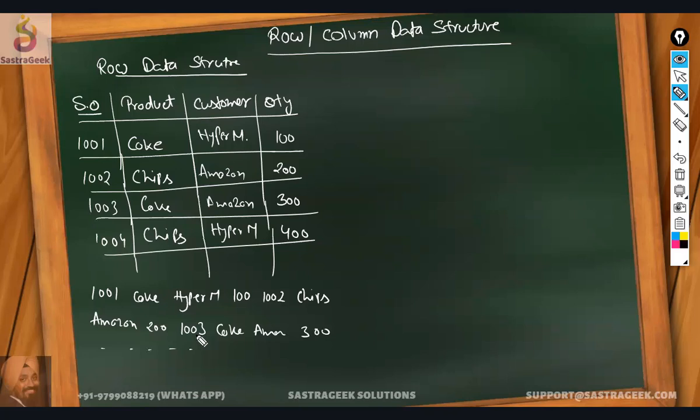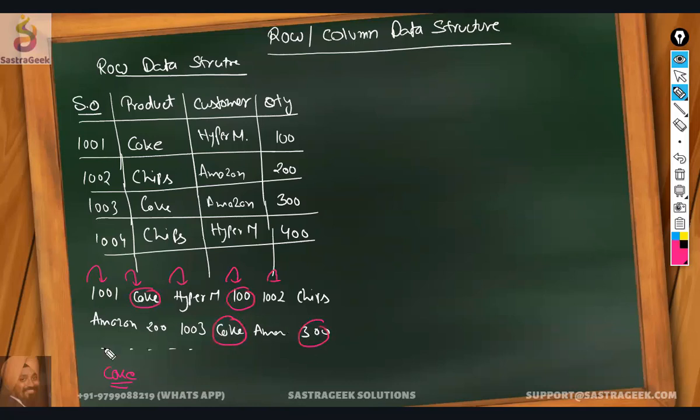Let's say I put a query on this data: what is my open order quantity for Coke, which is my product. And let's say I don't have an index. So what would happen? The system will go field by field, row by row to search everything. It will find a Coke here, this is the quantity. Then again it will find a Coke here, this is the quantity.